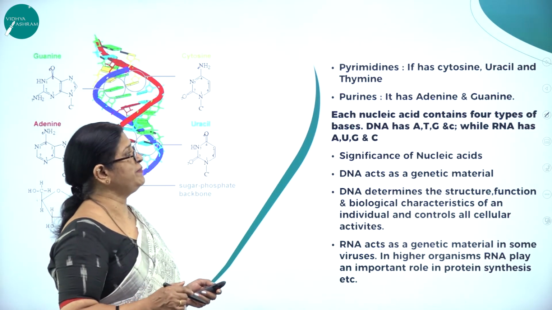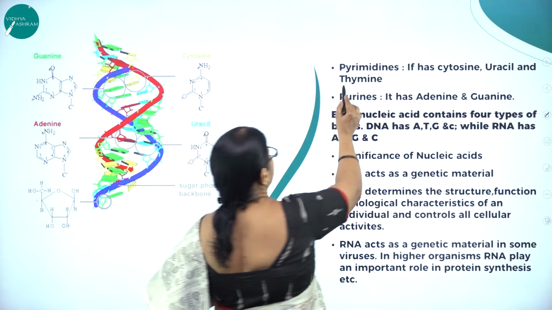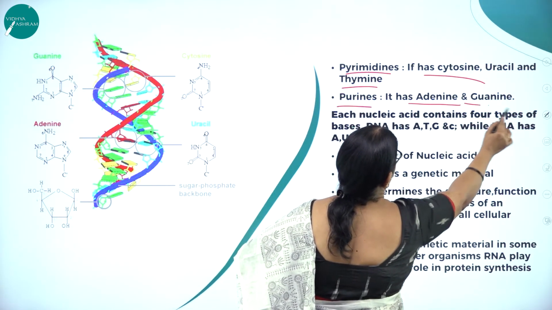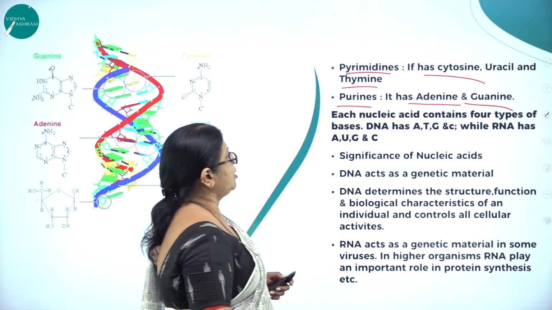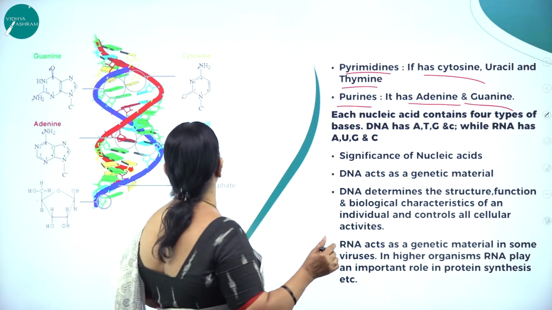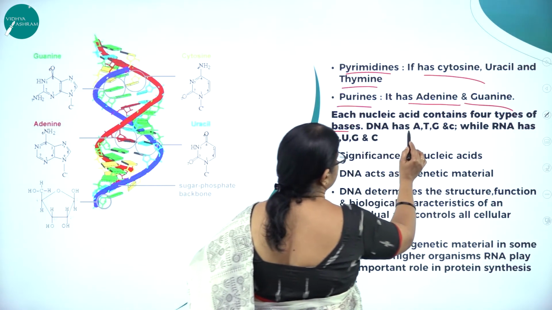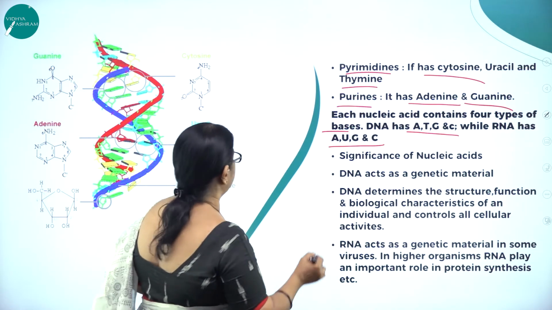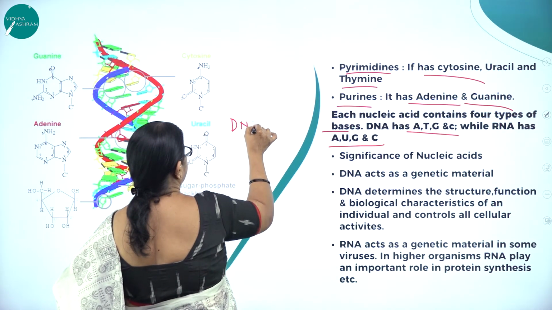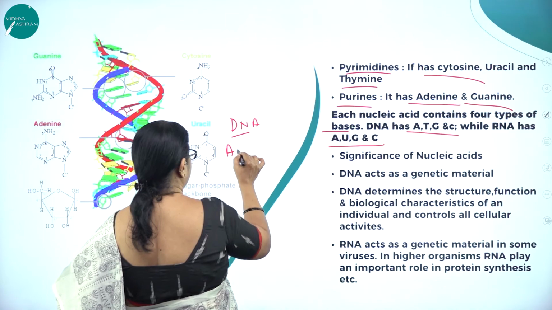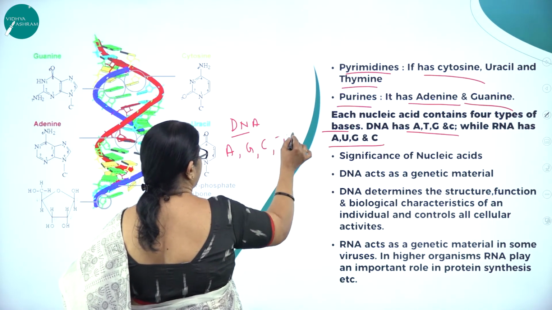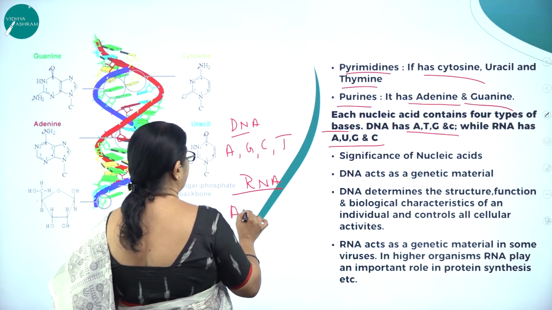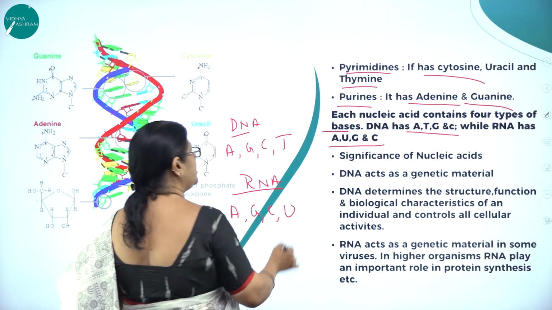Then what are pyrimidines and purines? Pyrimidines have cytosine, uracil and thymine. Purines have adenine and guanine. Now each nucleic acid contains 4 nitrogenous bases. DNA has A, D, G, C while RNA has A, U, G, C. So DNA will have adenine, guanine, cytosine and thymine, whereas RNA will have adenine, guanine, cytosine and uracil.